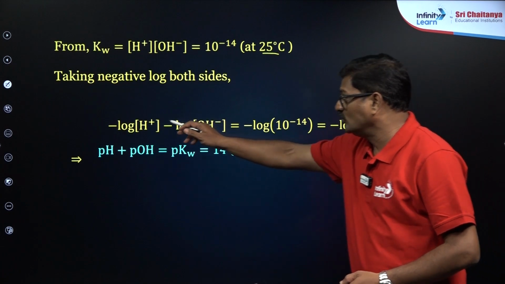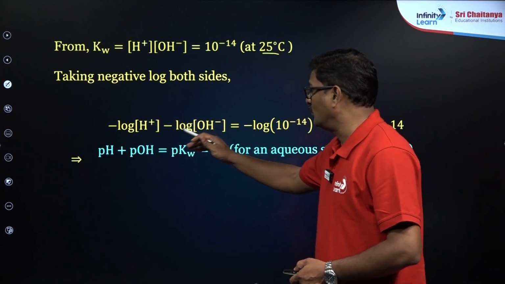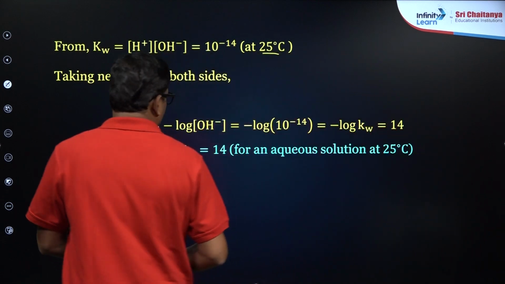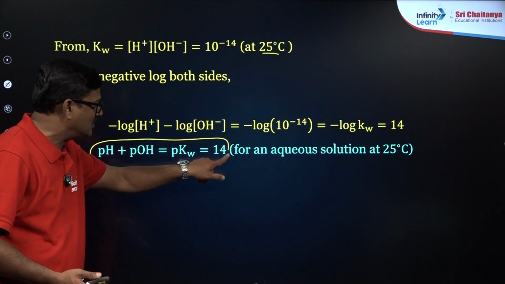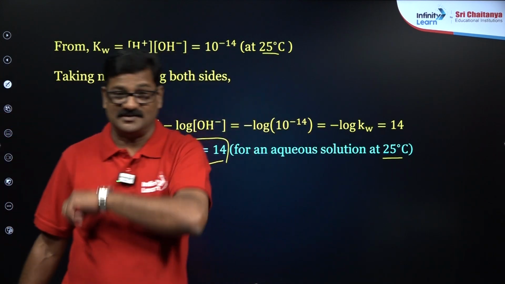Negative log H plus is pH, negative log OH minus is pOH, and pKw is 14.